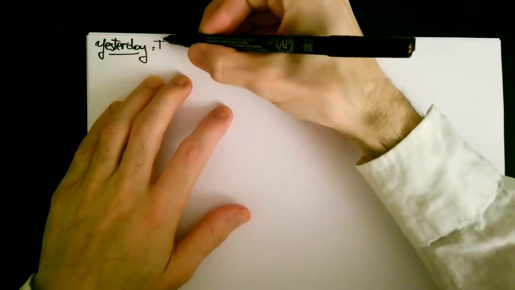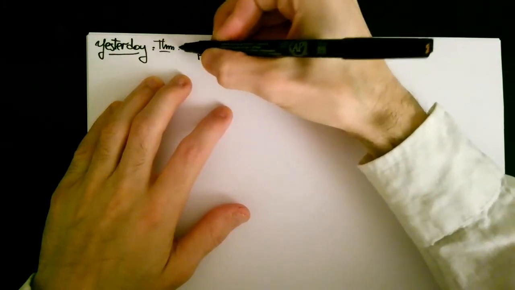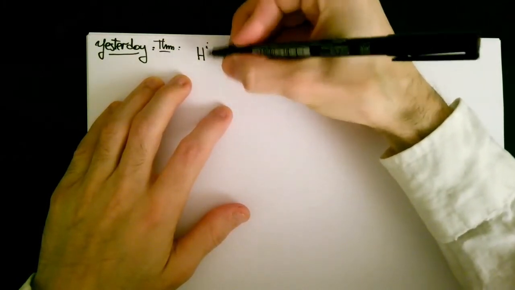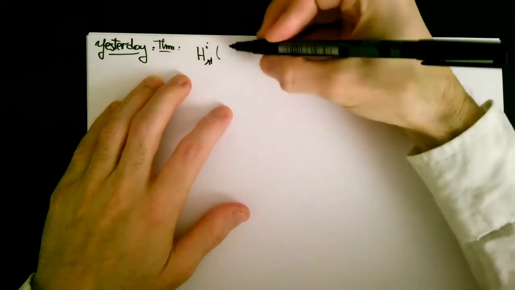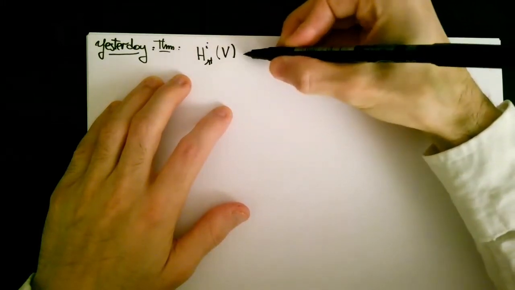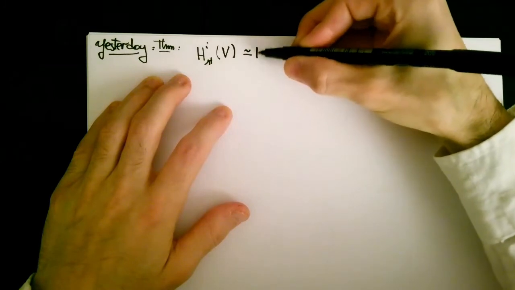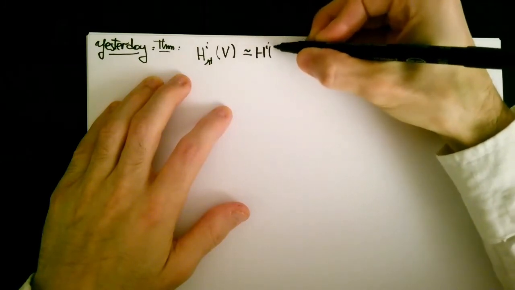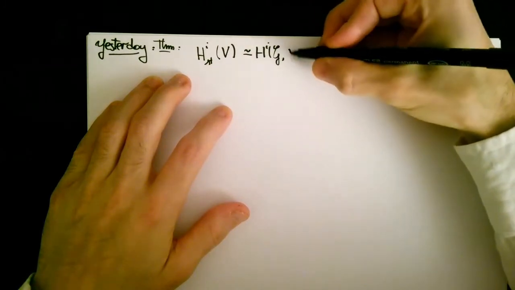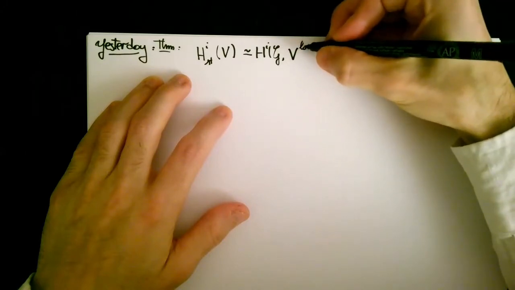Theorem: the H^i stable of V is isomorphic to the Lie algebra cohomology of what? Of the locally analytic vectors.